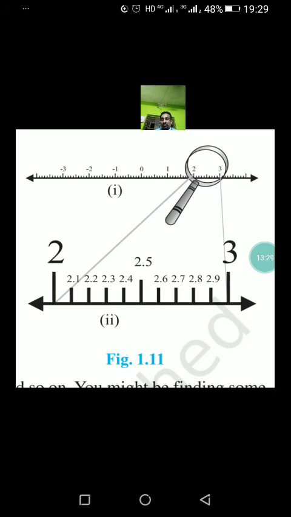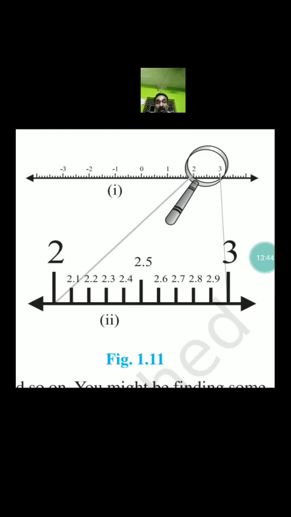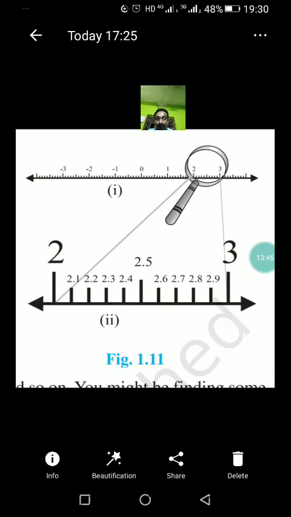Now, suppose that we want to locate 2.665 on the number line. 2.665 also lies between 2 and 3. So let us look closely at the portion of the number line between 2 and 3.